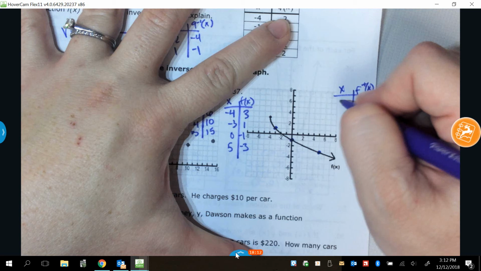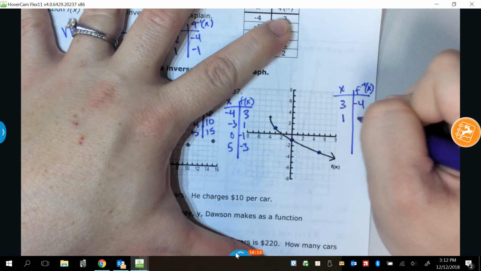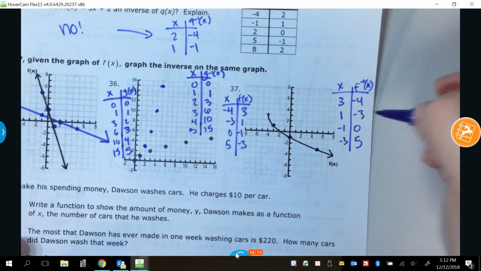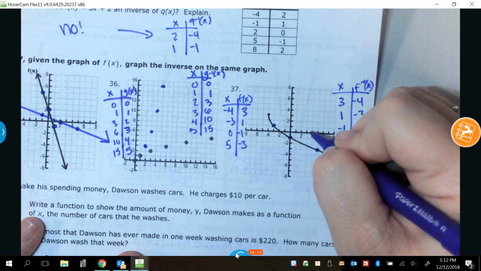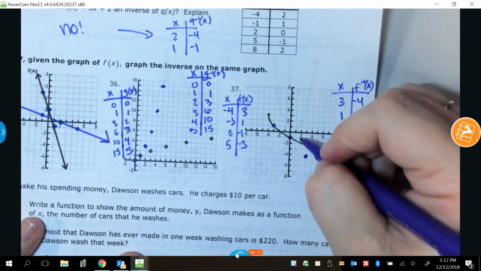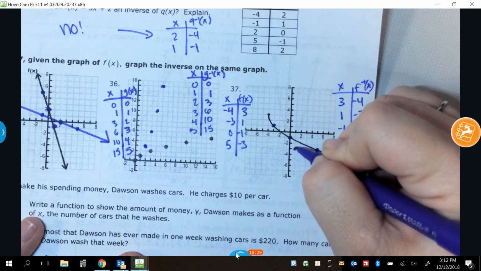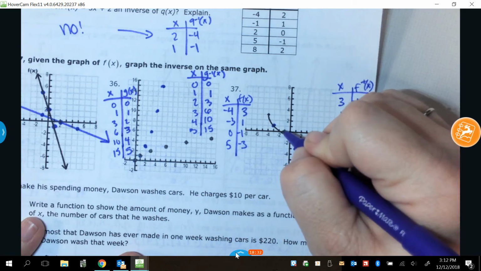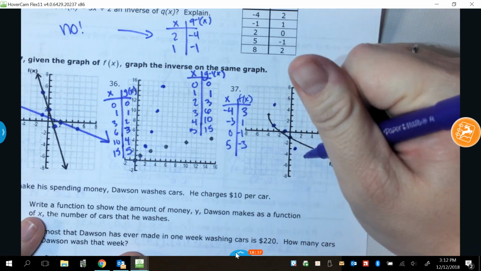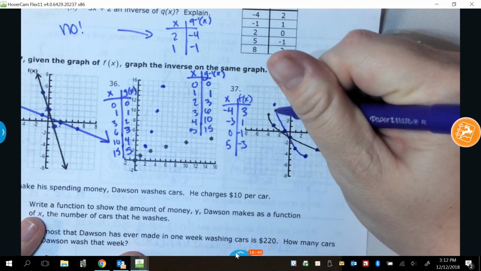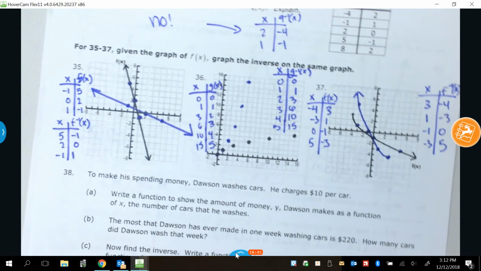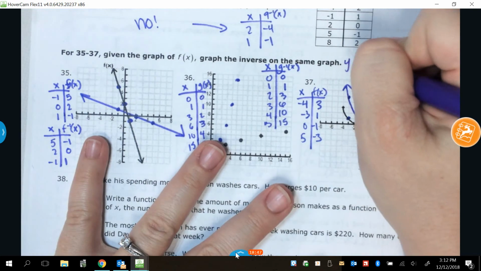Okay, so flip them. That gives me (3, -4), (1, -3), (0, -1), and (-3, 5). So let's plot that. And there's my inverse. Remember, they're flipping over y equals x.